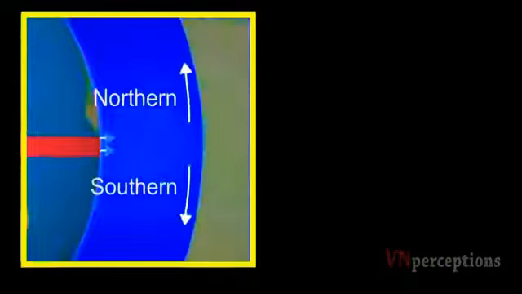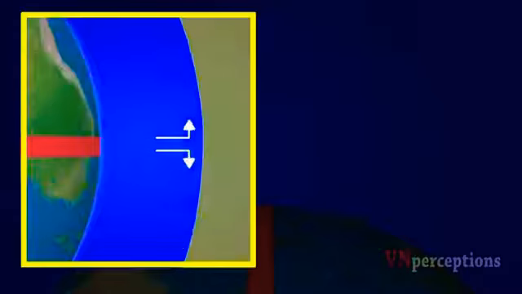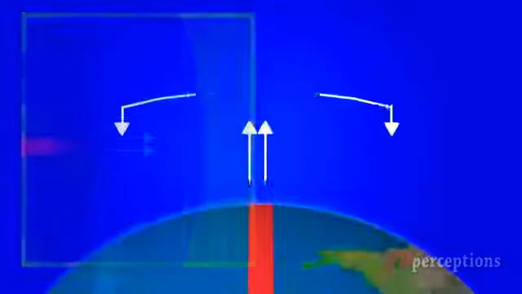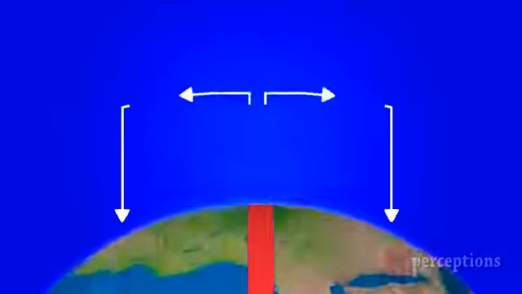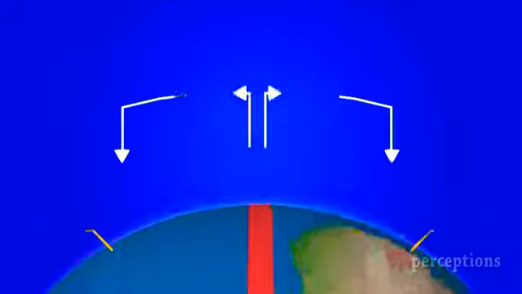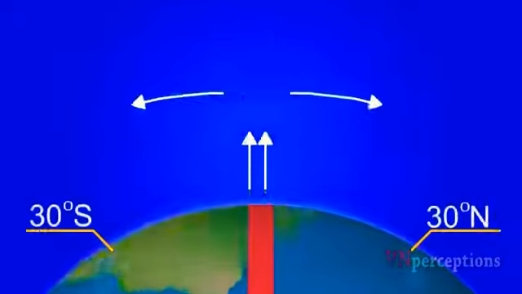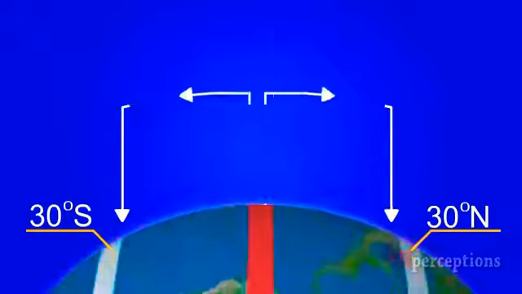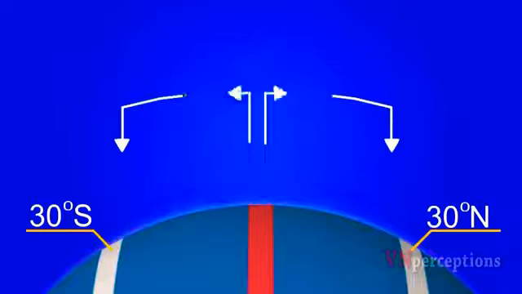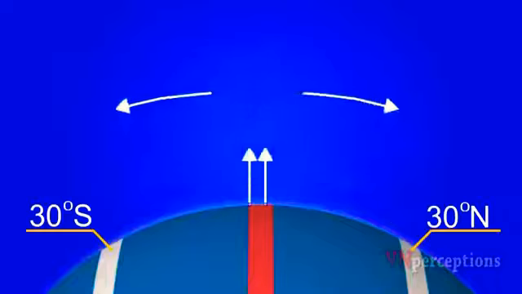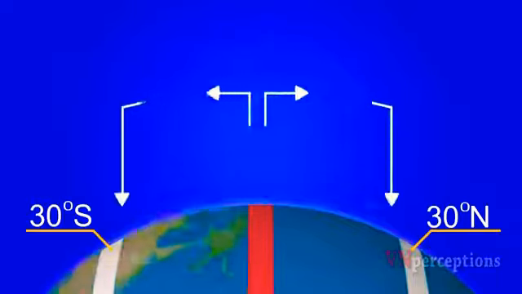As the air is moving, it becomes denser, and after a certain point, it sinks down to the surface. So, at around 30 degrees north and south, we have sinking air. This sinking air is cool air, so it forms high pressure systems.